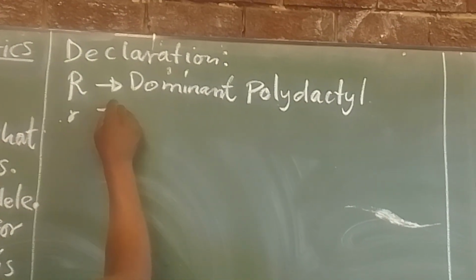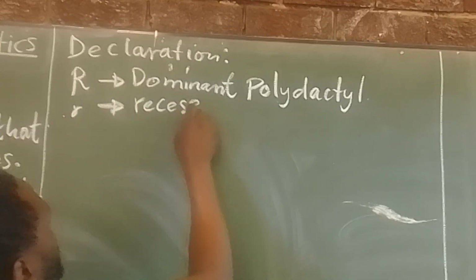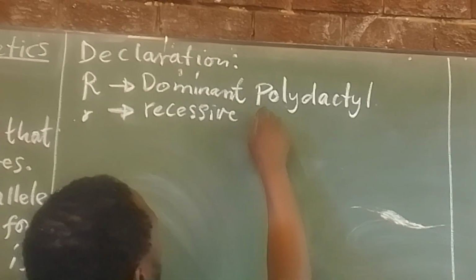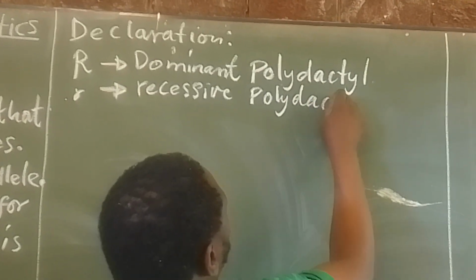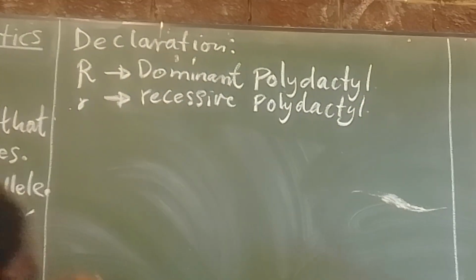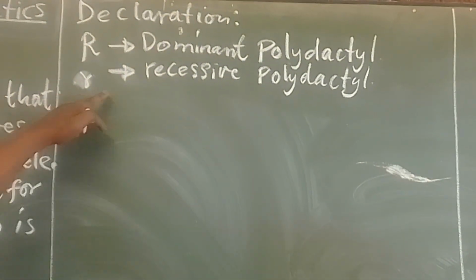Then the small r is going to be recessive, for not polydactyl. And if it is recessive, it means that it is masked.